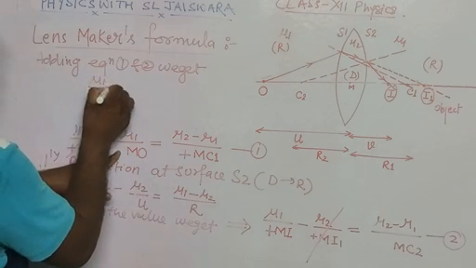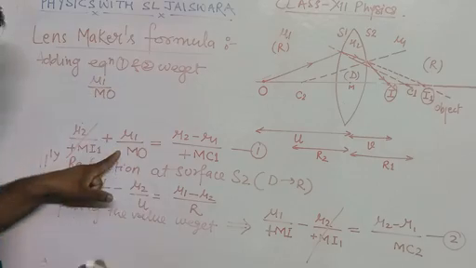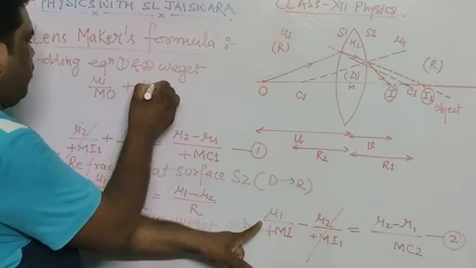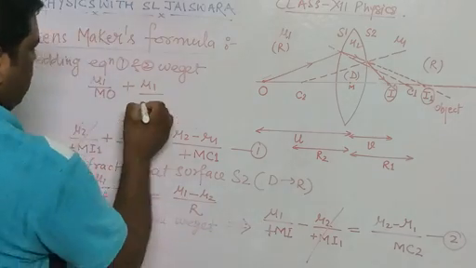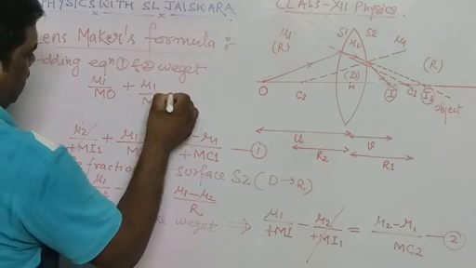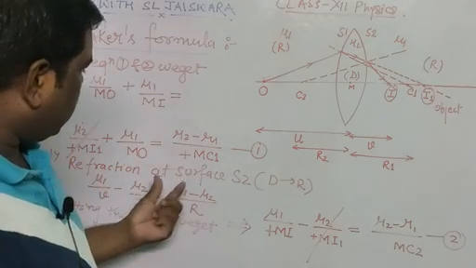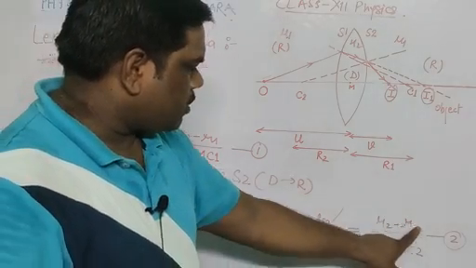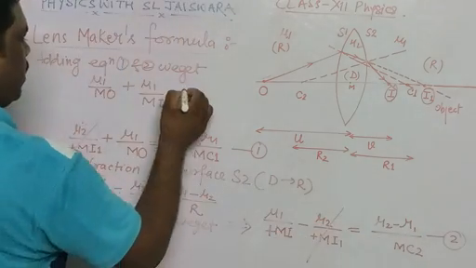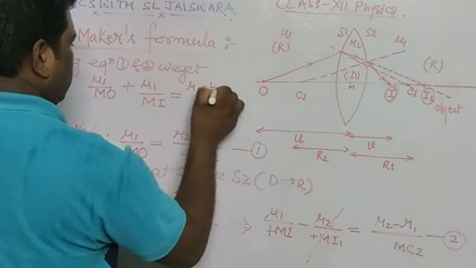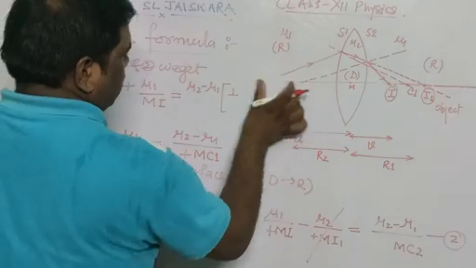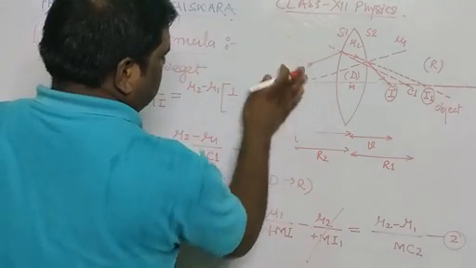So mu1 upon mo plus mu1 upon mi is left in the LHS, and in the RHS mu2 minus mu1 upon mc1, mu2 minus mu1 upon mc2. We can take mu2 minus mu1 common, and what is left in the bracket, dear students?